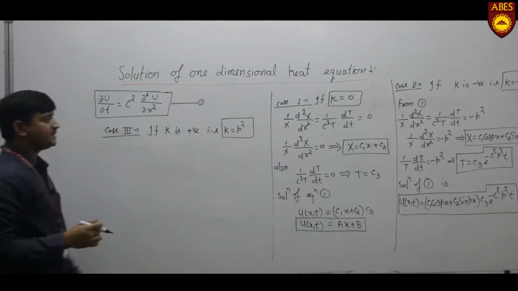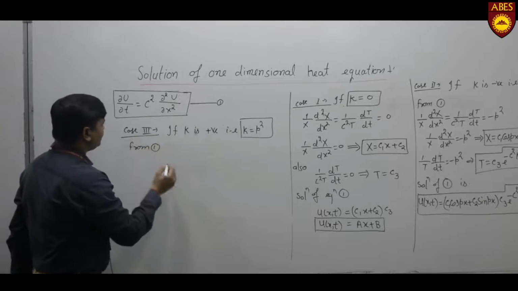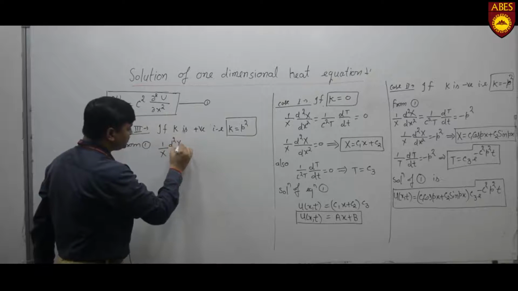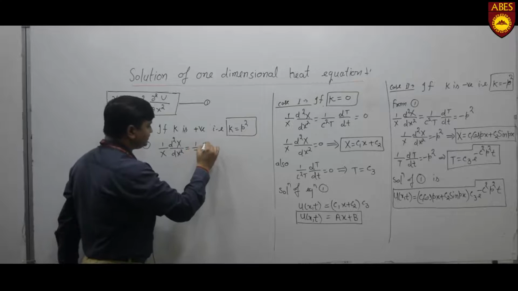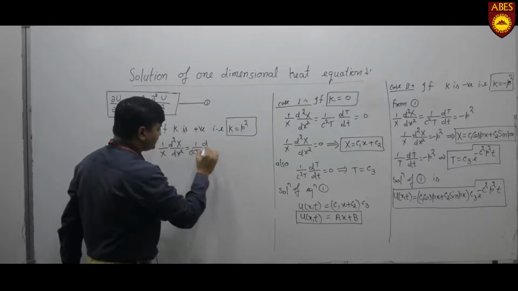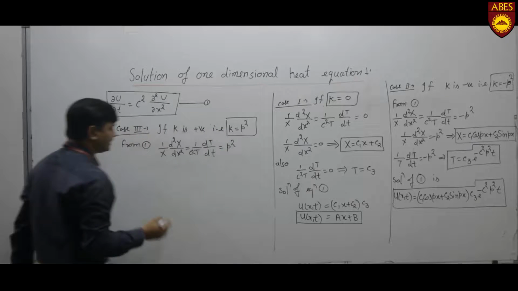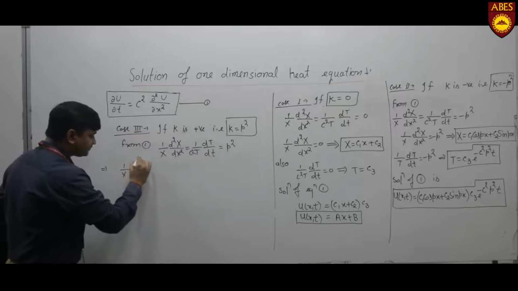If k equals plus p square, then from equation number 1 we get 1 upon x d2x by dx2 equals 1 by c square t dt by dt equals p square.